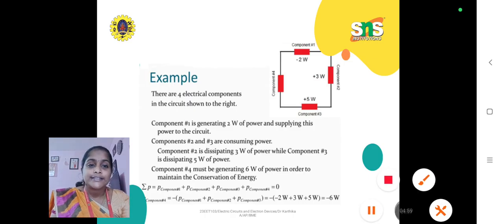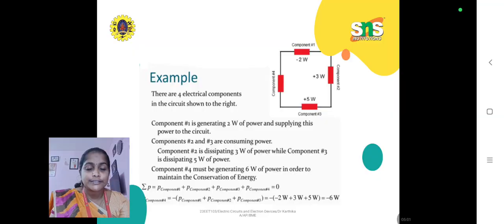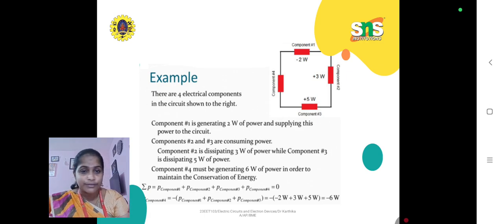There are four electrical components in the circuit shown to the right. Component 1 is generating 2 watts of power and supplying this power to the circuit. Components 2 and 3 are consuming power. Component 2 is dissipating 3 watts, while component 3 is dissipating 5 watts. Component 4 must be generating 6 watts in order to maintain the conservation of energy.